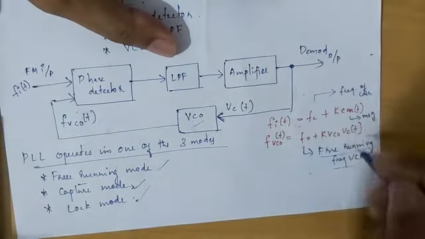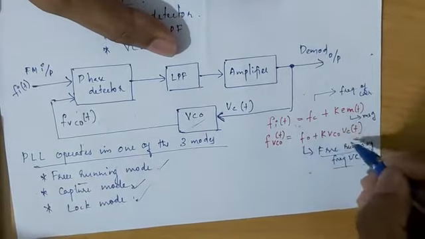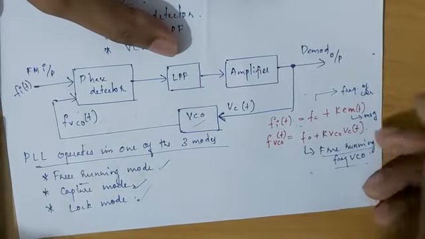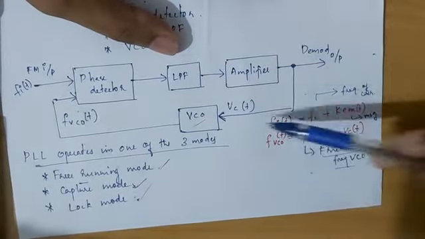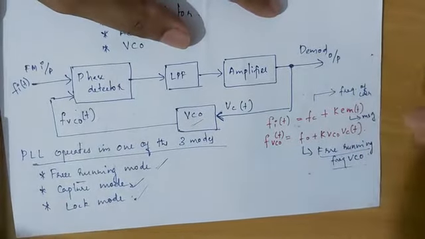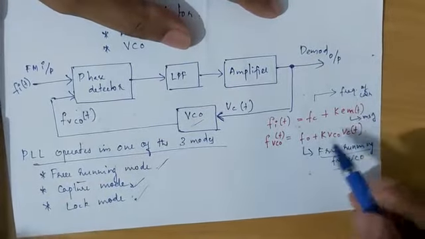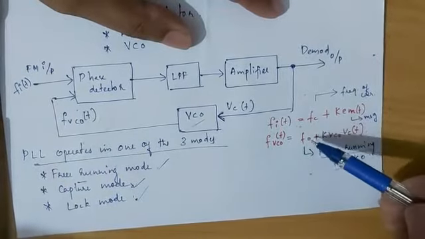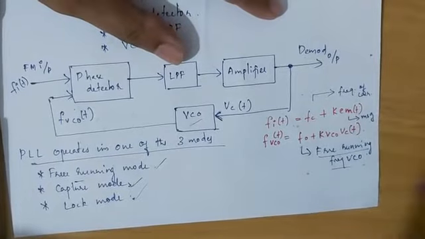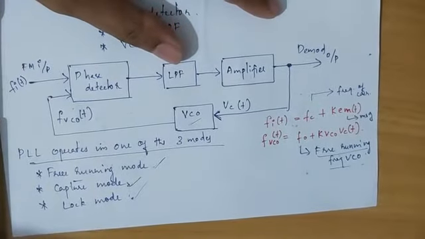the frequency deviation constant. And v VCO of t, so you know what it is, is the control voltage that is given to the VCO, the input of the VCO. According to that control voltage, we will get F0 plus K VCO into v VCO of t, or F0 minus K VCO into v VCO of t.